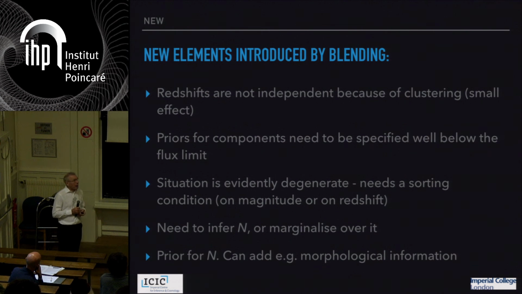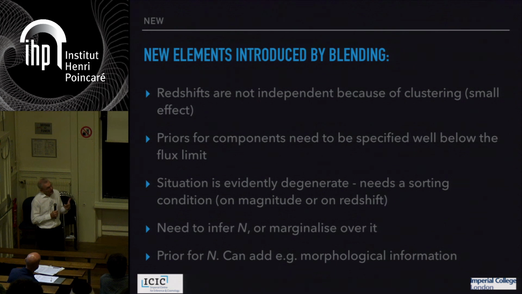We also need a prior for n. What we've done so far is just to have a uniform prior on n, but it comes in as a purely multiplicative thing, so a different prior can easily be used. If you have some other information, say from morphology, then that may well motivate you to introduce a prior, or indeed even a delta function, to say I will fix a certain number of components because I have some image data that can be used.